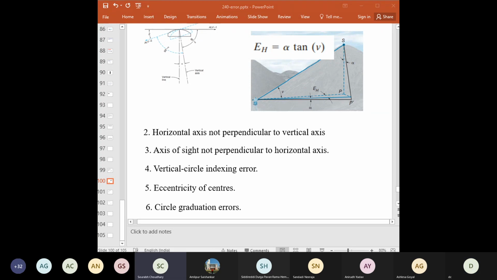Sir, what is alpha? Misalignment. Yeah, alpha is the misalignment, mislevel, and because of not proper leveling, we will have different verticals, perpendiculars dropping from S to the level ground, horizontal ground, and this will be the horizontal ground by the misaligned leveling at the instrument, isn't it?